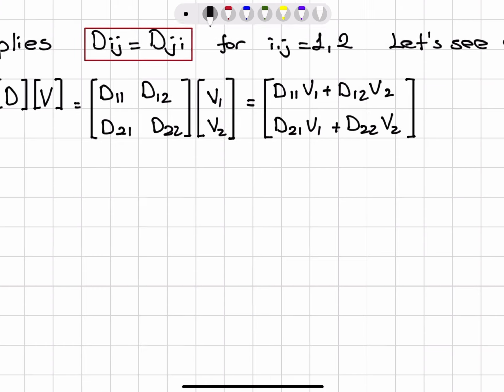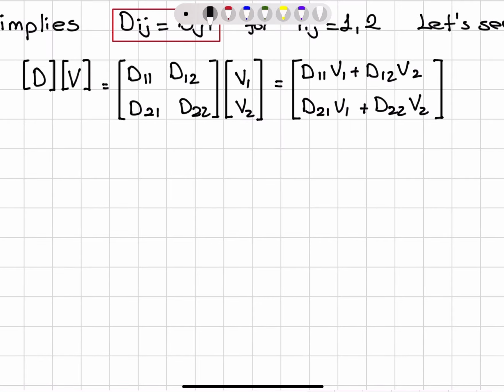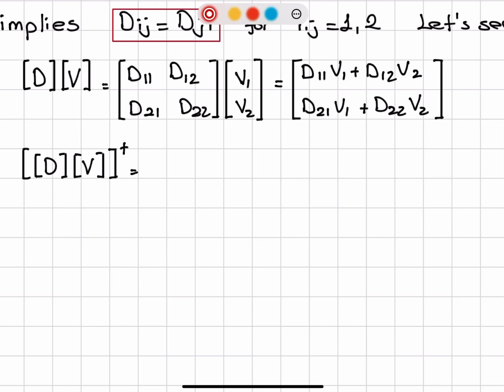All right, now I take the transpose of this answer. So the V matrix pre-multiplied by the D matrix, transposed, is basically when I have to exchange the rows and columns.